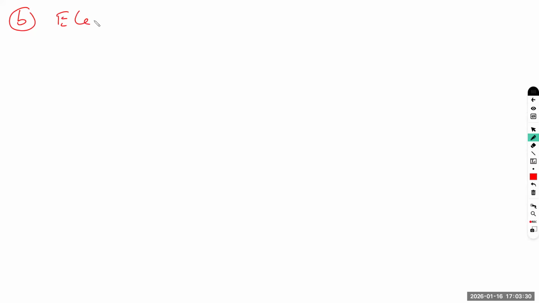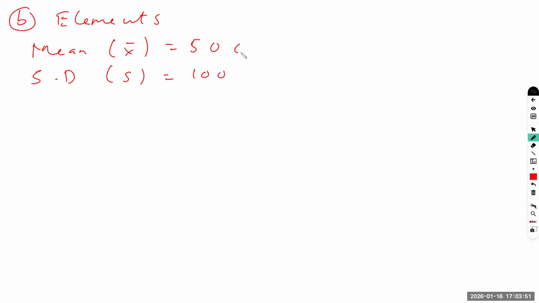As I said, the elements or given values, anyhow you want to write it. The mean is 500. The standard deviation is 100. Then the X values are 340 and 682.